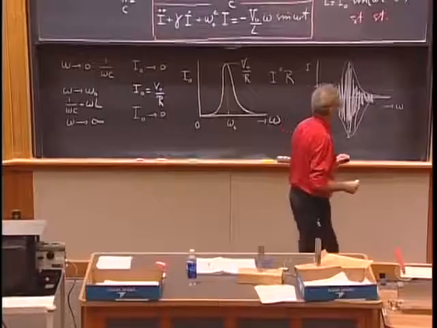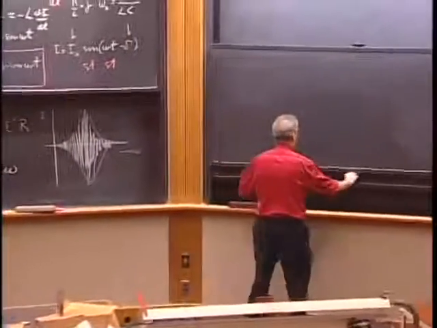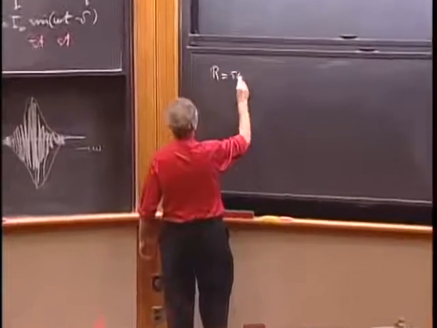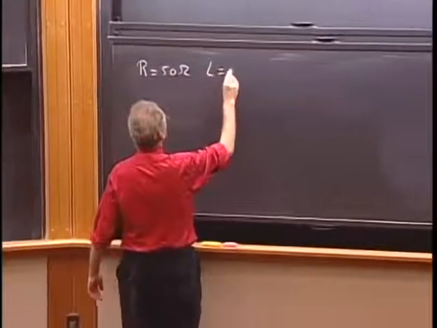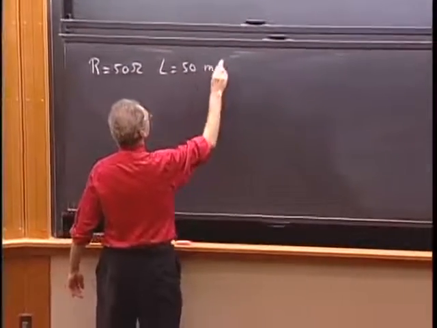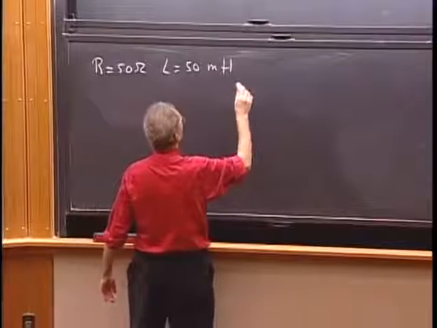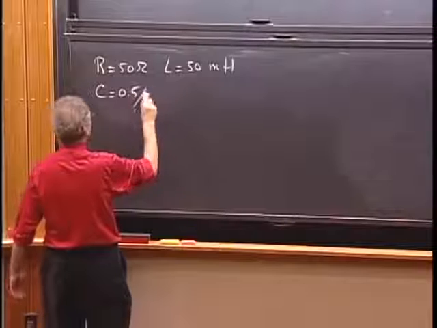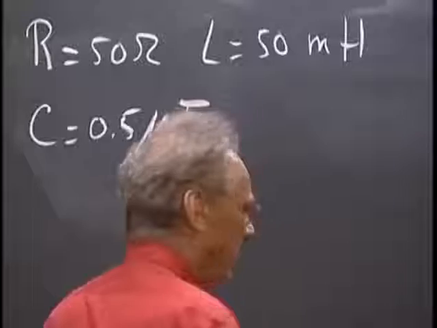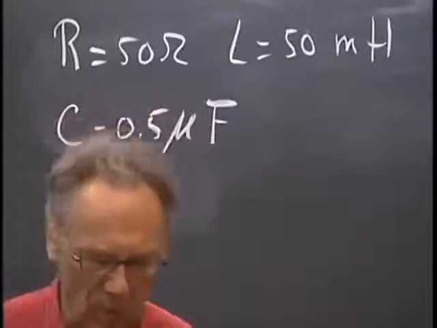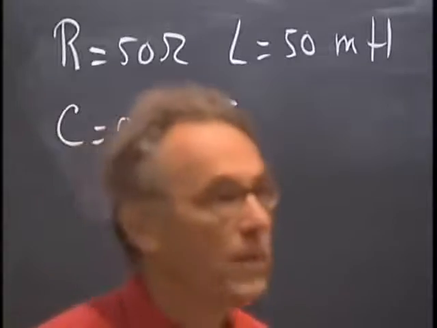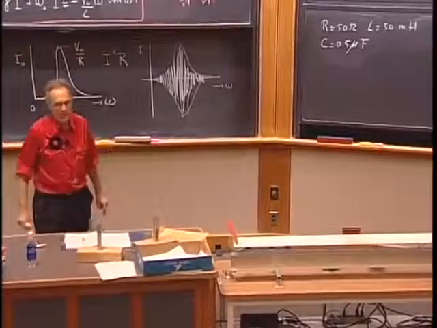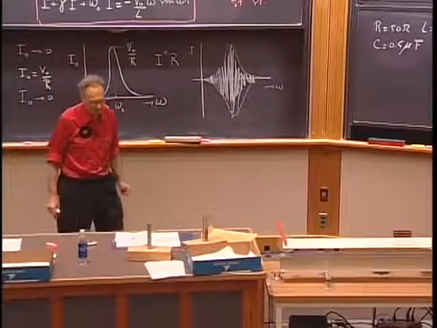So I will give you the values that we have chosen. R equals 50 ohms, L equals 50 millihenry, and we choose C 0.5 microfarad, which is substantially higher than what we did before. And we choose C so high because we want a low Q system.